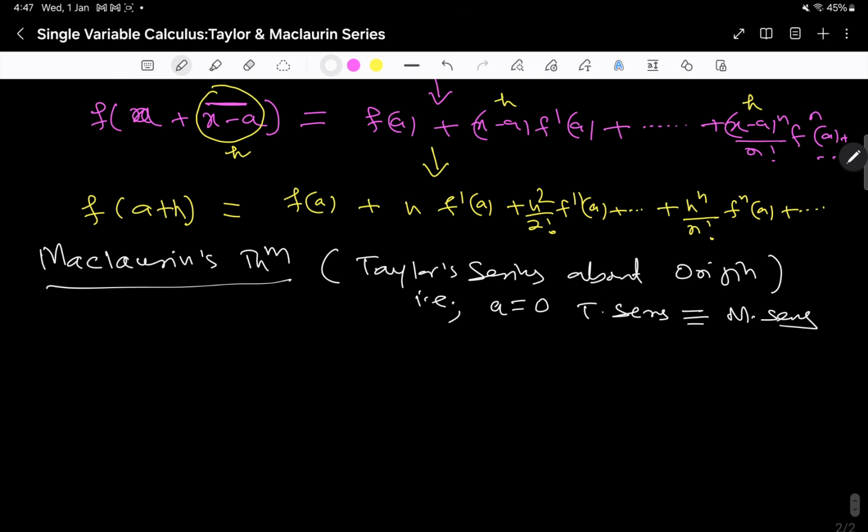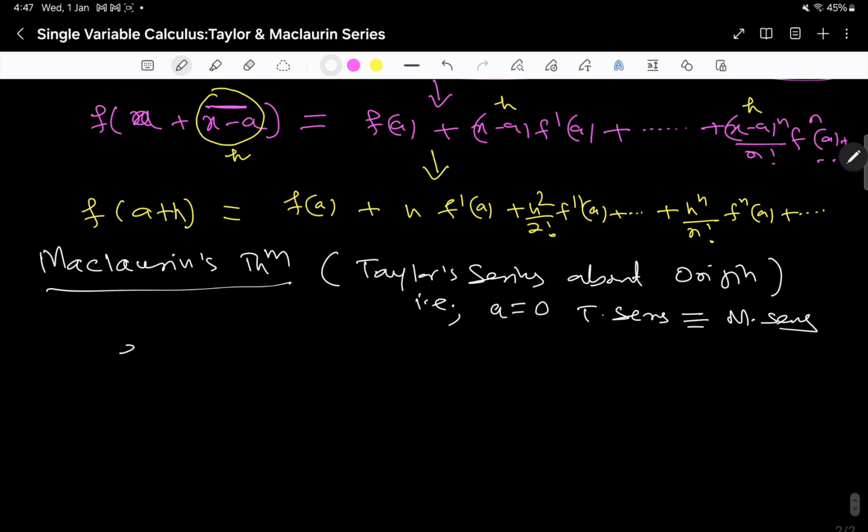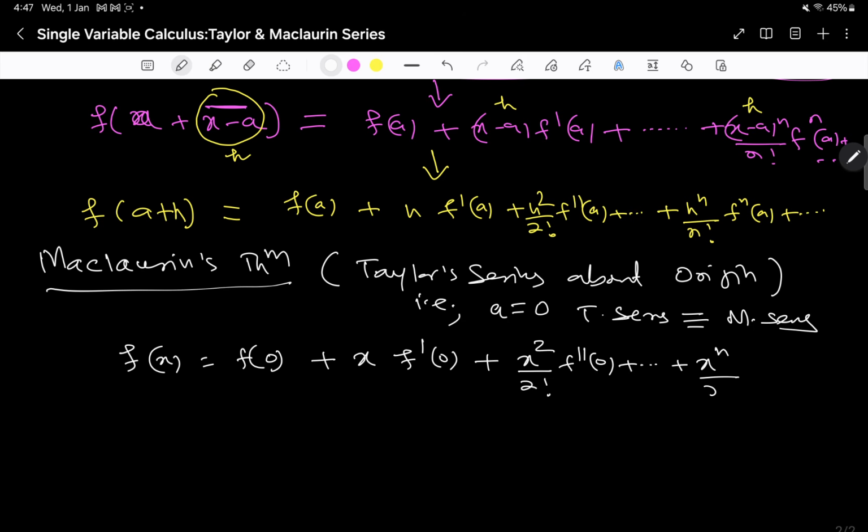Therefore f of x is f of 0 plus x minus 0 f dash 0 plus (x minus 0) square by factorial 2 f double dash 0 plus so on x to the power n by factorial n f nth derivative at 0 plus so on.